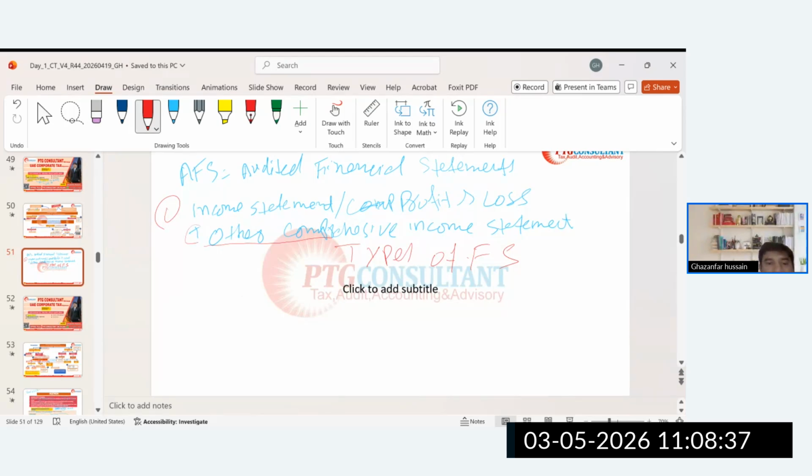That's why I add the word over here. Now the next is the balance sheet. If we are not familiar with this, it is challenging to cover the return filing from the financial statements. Then the cash flow: we know the third statement is the cash flow statement.